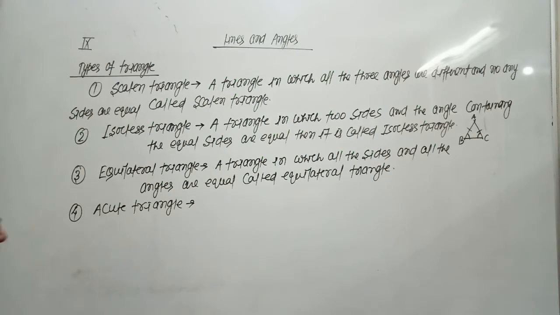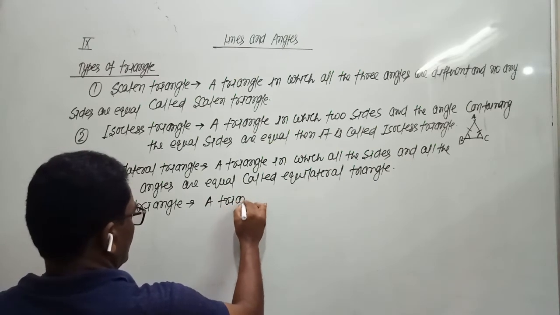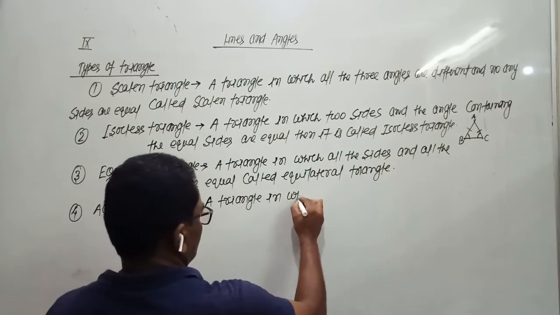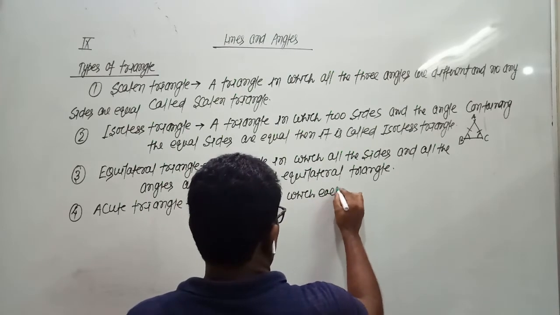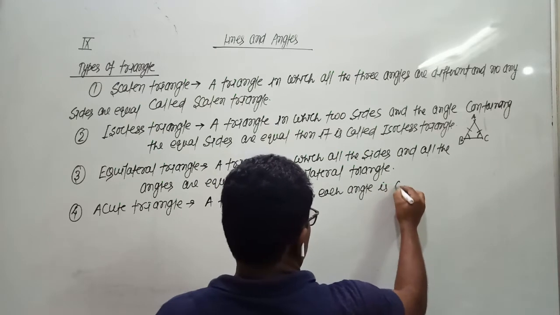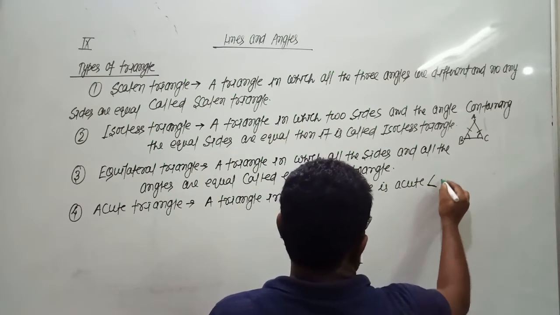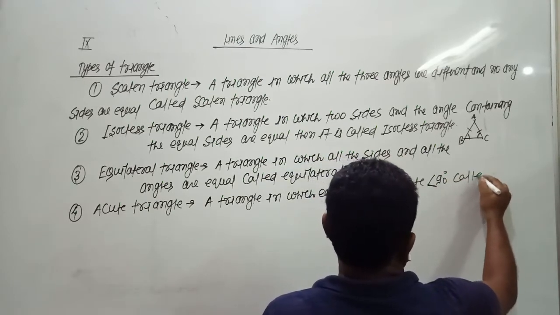A triangle in which each angle is acute, less than 90 degrees, is called an acute triangle.